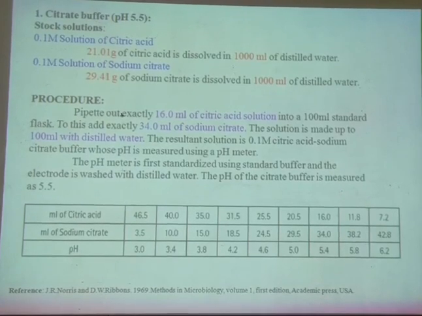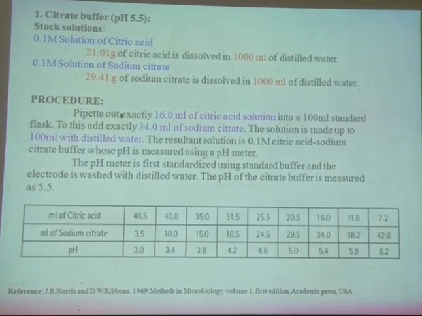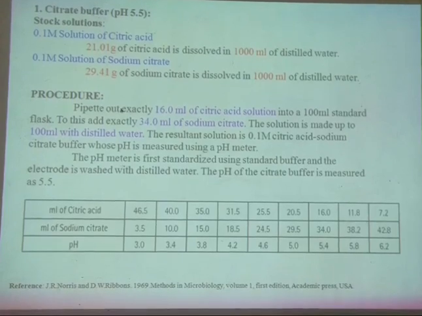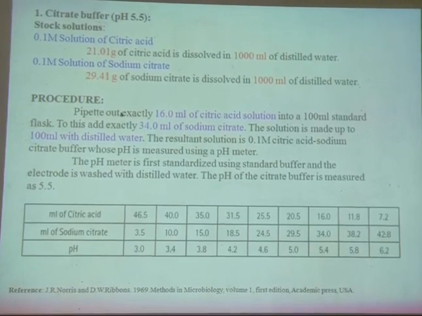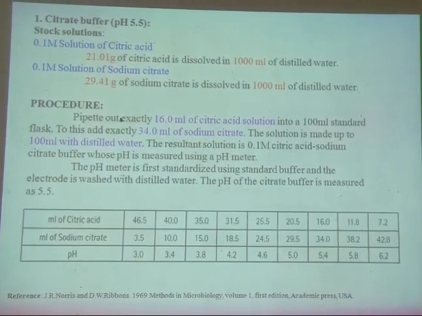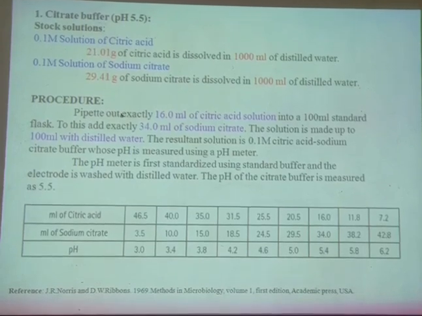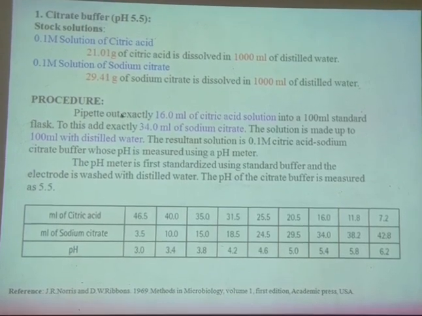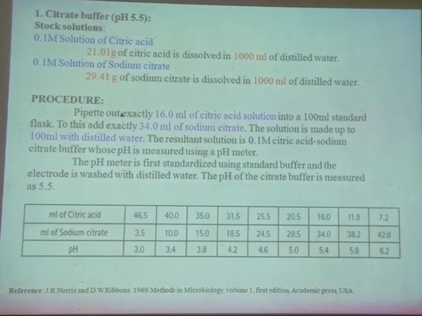If you want to prepare any buffer system, you have to use either a weak acid and its conjugate base, or a weak base and its conjugate acid, vice versa. So one acid and one base are required to act as a buffer system.